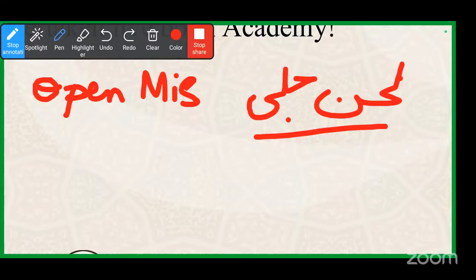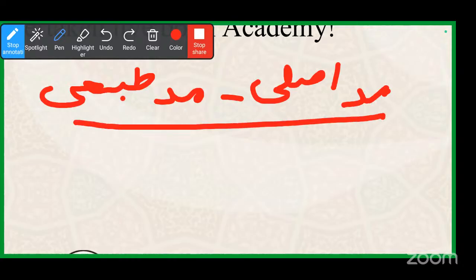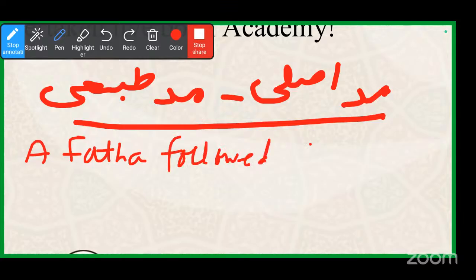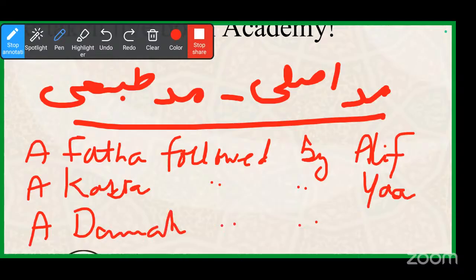Now what we have after that are the long vowels. What is a long vowel? A long vowel is called mad asli. Please note it down. Mad asli, also called mad tabai. What is a mad tabai? A fatha followed by alif, or a kasra followed by ya, or a dhamma followed by waw.